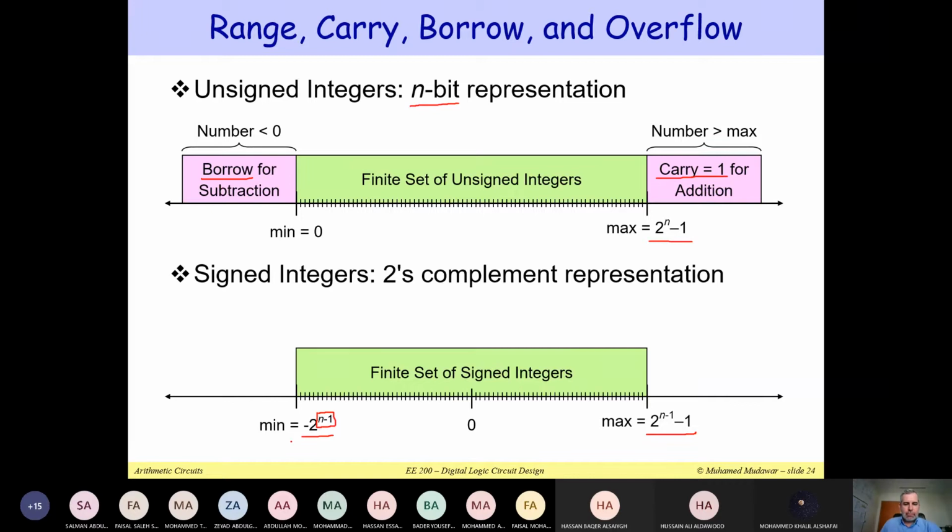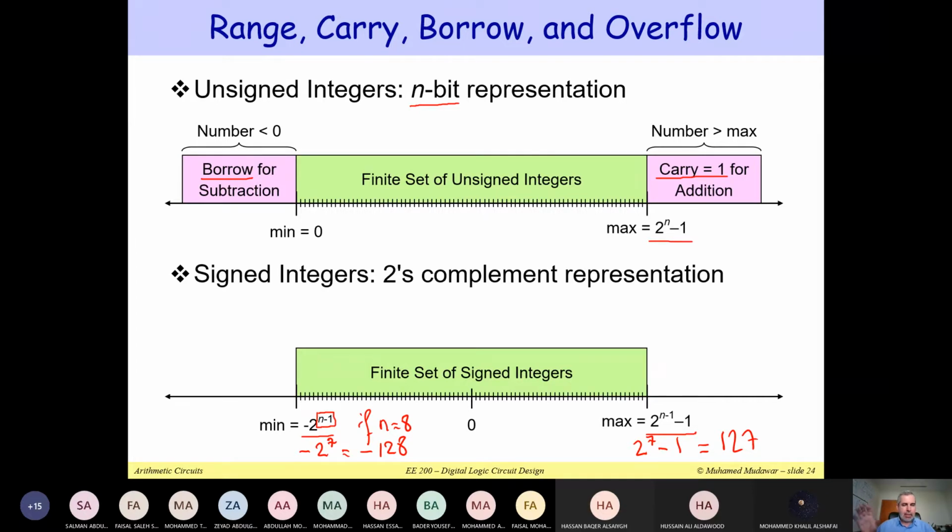If n is equal to 8, you have here minus 2 to the power 7, that's negative 128. And the maximum will be 2 to the power 7 minus 1, which is 127. So you go from negative 128, that's the minimum, to the maximum, which is plus 127.